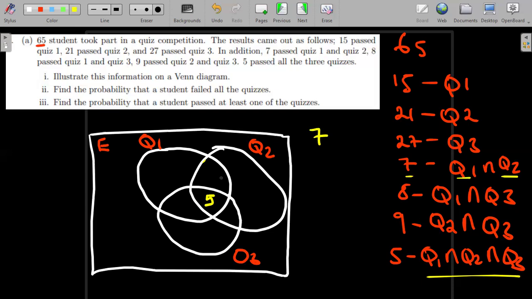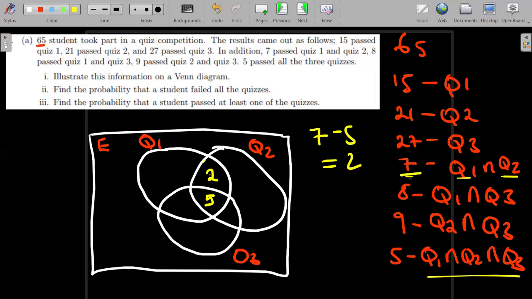So to get the value of that part there, we must subtract 5 from 7. So that will give us 2. So we get 2, so it will be 2 here. Such that when we add these two numbers in this intersection of quiz 1 and quiz 2, we'll get the 7 which they're talking about. So 7 managed to pass quiz 1 and 2.